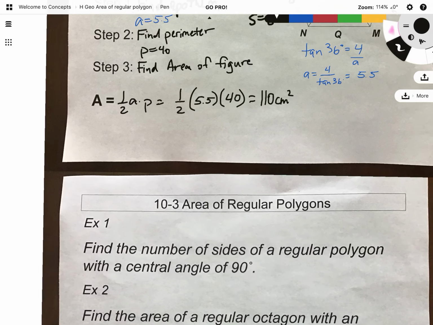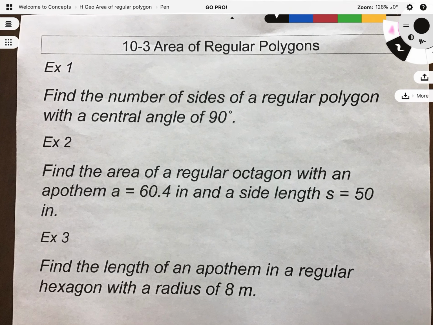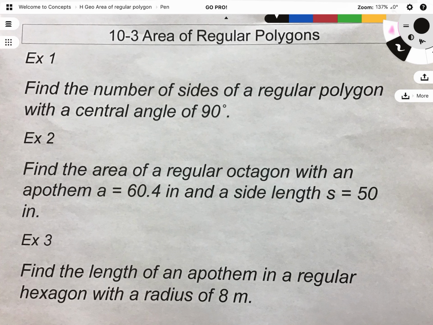All right, let's look at 2 or 3 other examples. So first example, find the number of sides of a regular polygon with a central angle of 90. Okay, so now we need to think about what that means. That means if we have some circle here with a center here, and if this is 90 degrees here, then what kind of figure would that be?